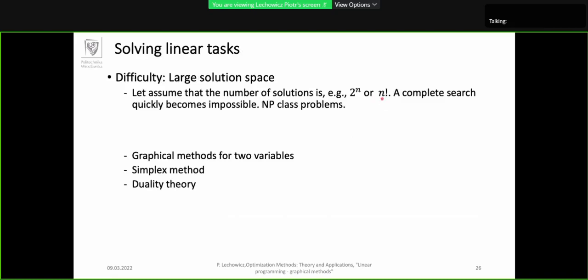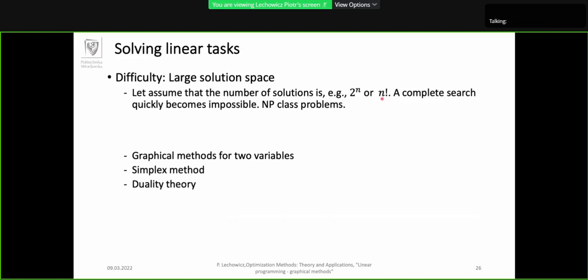So what are the difficulties in solving linear tasks? So first of all, it's the solution space. If we have n variables, this is the size of our variables.